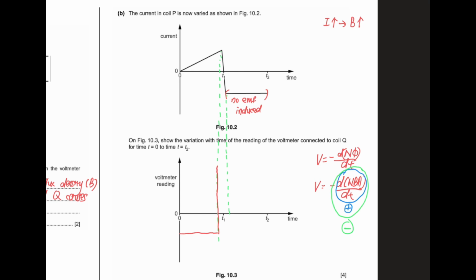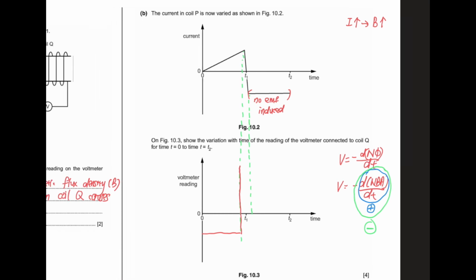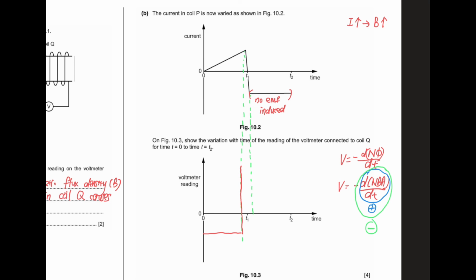The gradient is greater, you see it's very steep. This one not so steep. The first part of the graph is not so steep, then the EMF induced is smaller. If the gradient is very, very steep, then the induced EMF has to be greater. So you have to make it greater.